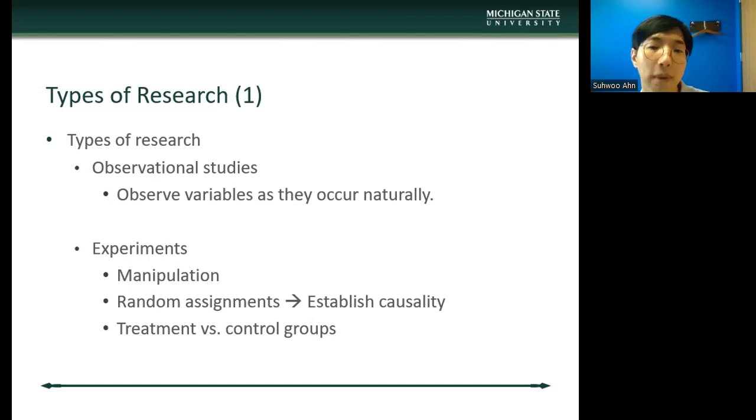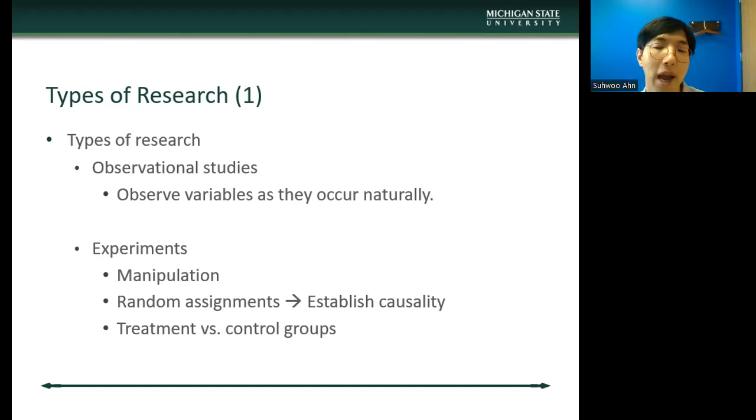And through this random assignment, we can establish a causal relationship. Why? Because through random assignment, it is assumed that other characteristics like gender, age, or average education level are the same across groups.